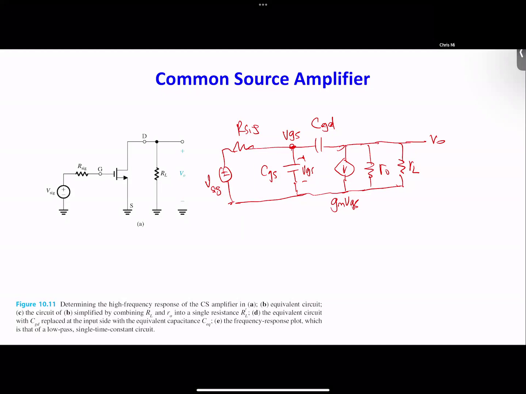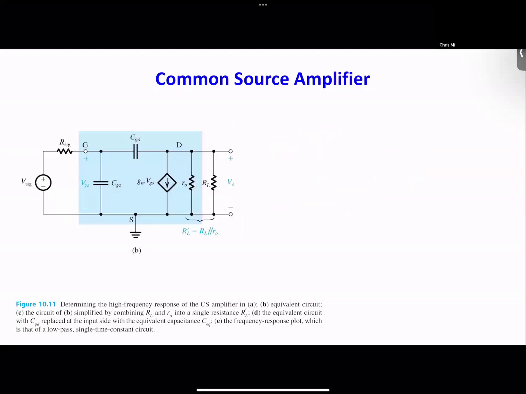We can analyze it to find the relation between VO and VSIG. The way to do this is a little bit tricky, because even though we can do it, the expression would become quite complex. So let's do it step by step.